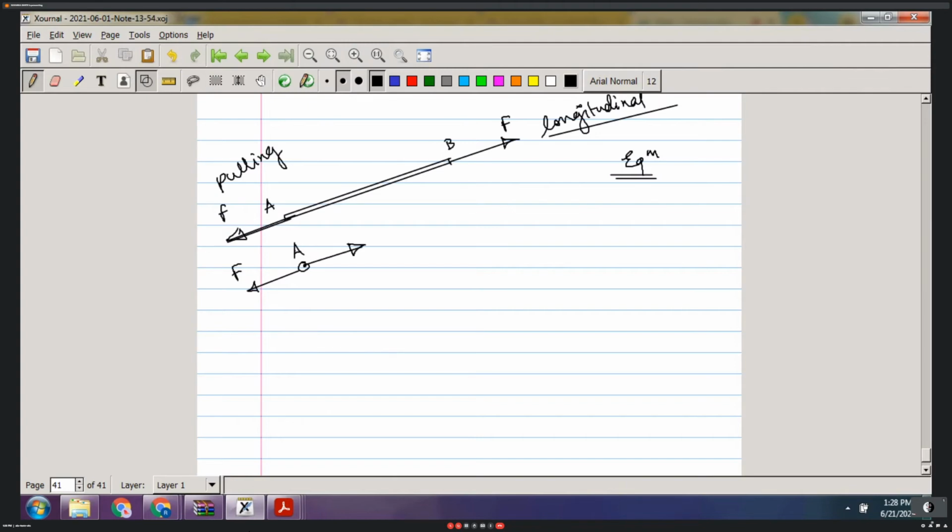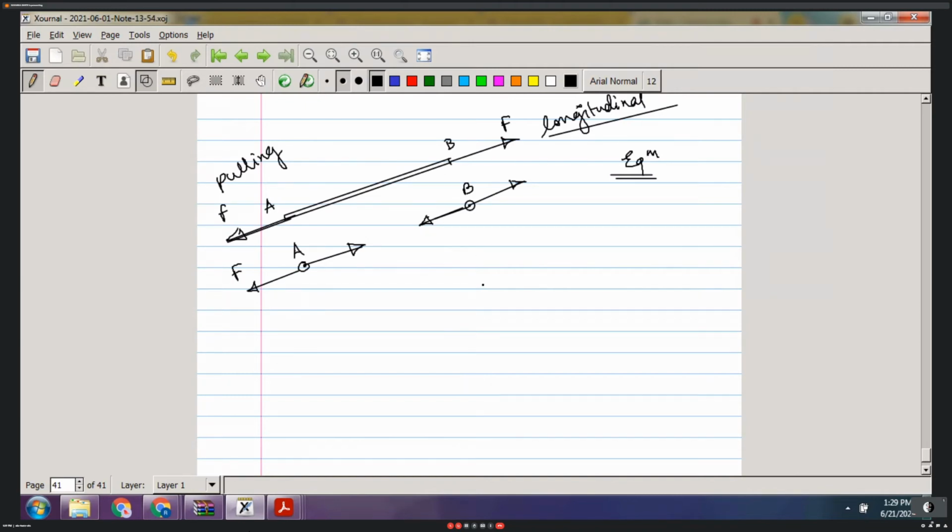Such a force is required to balance this external force F so that joint A will be in equilibrium. Yes or no? The same condition at joint B: an external pulling force is there, so the same amount of internal pulling force should be applied to joint B inside the member to keep joint B in equilibrium.